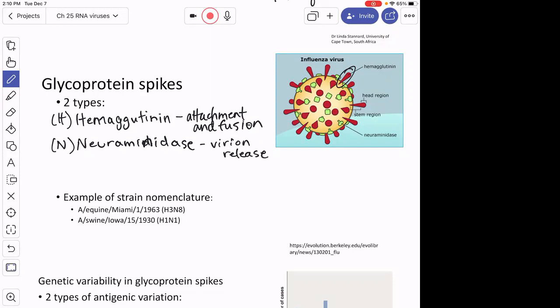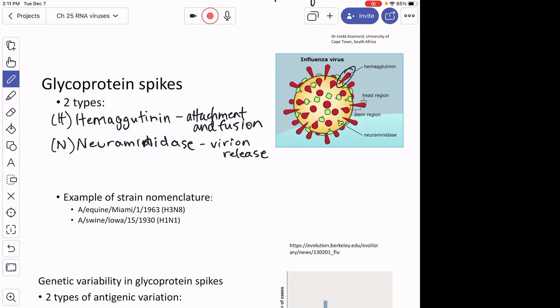So remember, we correctly call something a virion if it's got the envelope and the capsid and the nucleic acid all together. Technically, the virus is just the nucleic acid broken away from the rest of the parts once it's inside the host cell.